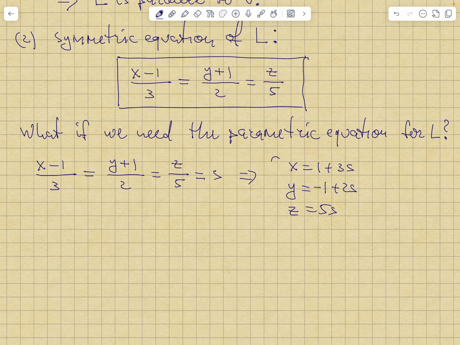And so that would be a parametric equation. So this describes a position of some particle, right, that moves along the line, and s for that particle will play the role of time.